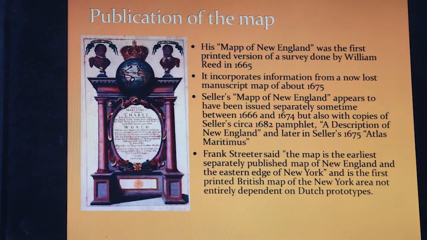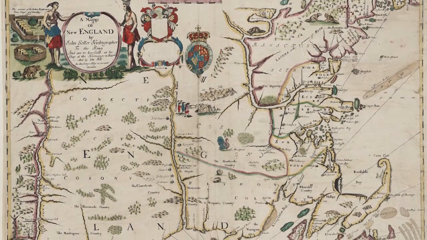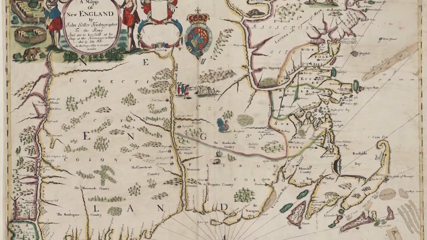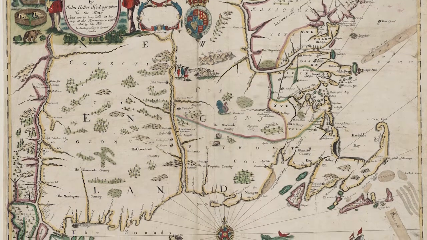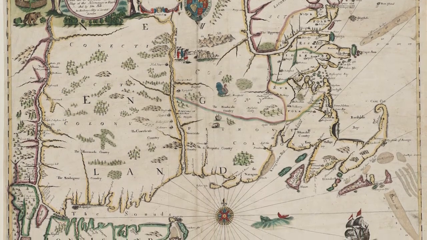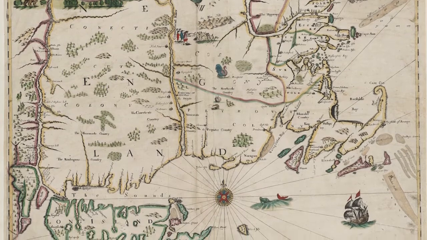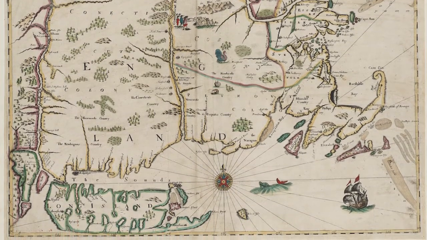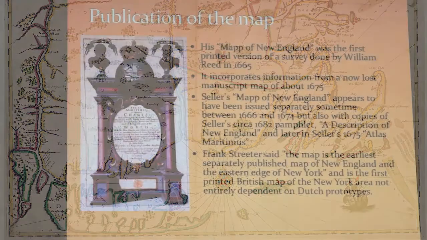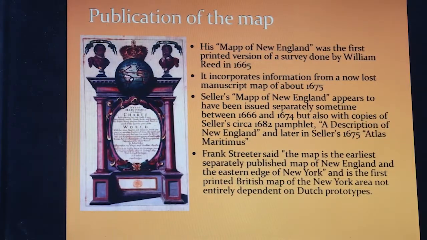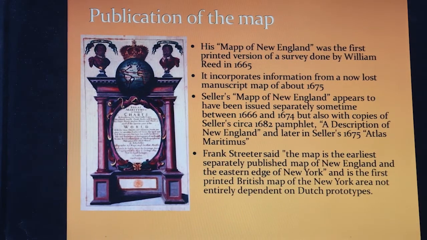His map of New England was the first printed version of a survey done by William Reed in 1665, and incorporates information from a now lost manuscript map of about 1675. Seller's map of New England appears to have been issued separately sometime between 1666 and 1674, but also with copies of Seller's circa 1682 pamphlet, A Description of New England, and later in Seller's 1675 Atlas Maritimus.